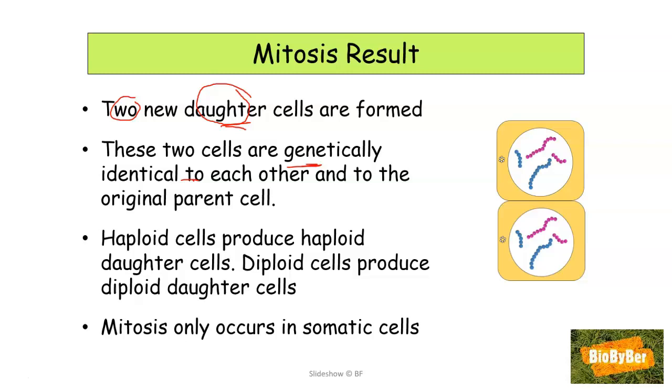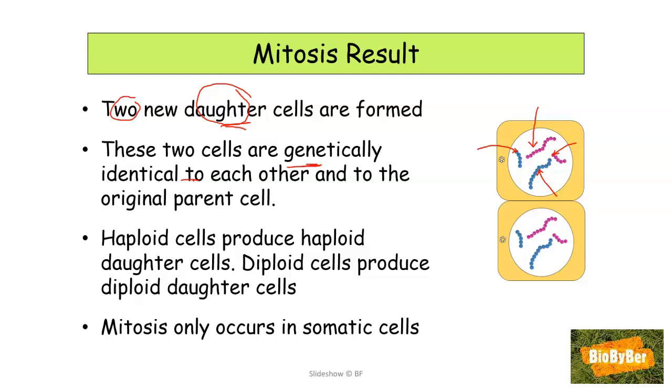If you start with a diploid cell where the chromosomes are in pairs, recall we had one long one in pink and one long one in blue. So that's a pair of long chromosomes. We have one short chromosome in blue and one short chromosome in pink. So that's another pair of chromosomes. So this cell is actually a diploid cell, starting with pairs of chromosomes.